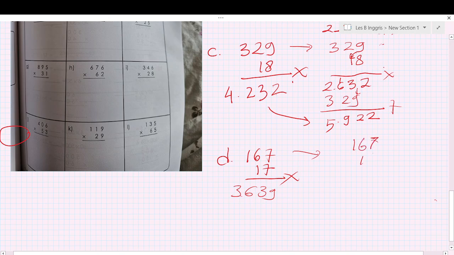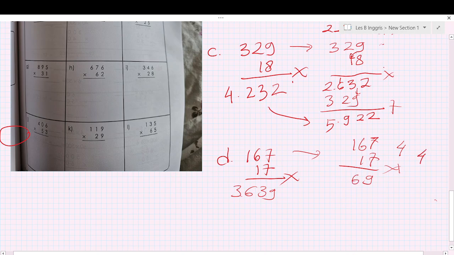167 times 17. So the first is, then again, multiply the ones with the 100. You got 7 times 7, you got 49. Keep the 4 beside. 6 times 7, you got 42. Plus add the 4 beside, you got 46.